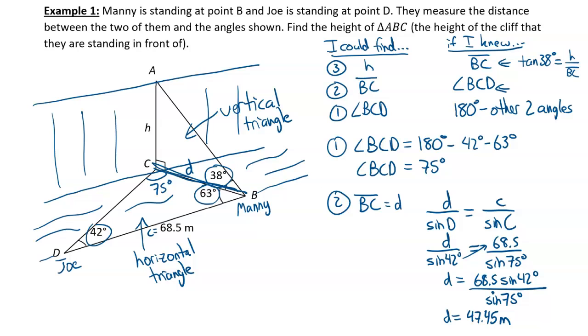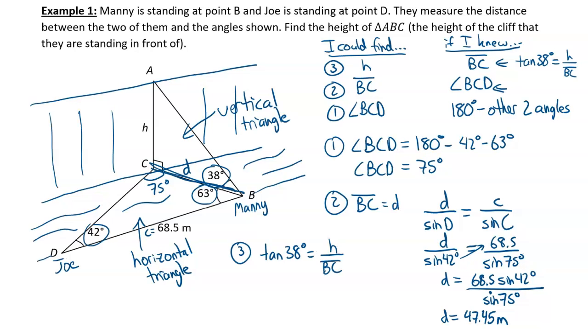So now we're on the last step, and step number 3 is finding the height. As we said already, tan of 38 degrees is the opposite, which is the height, over the length of BC. And we know the length of BC, we just solved that.